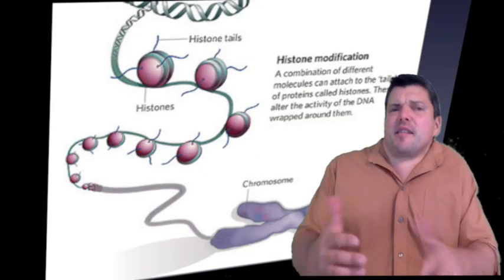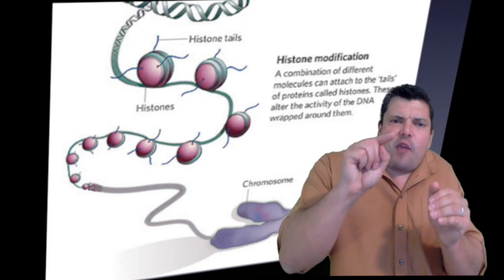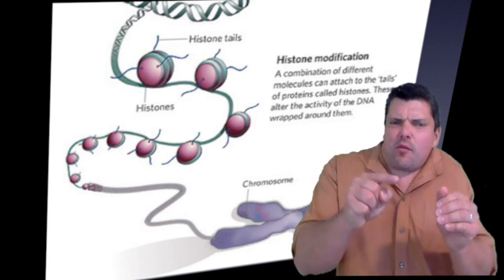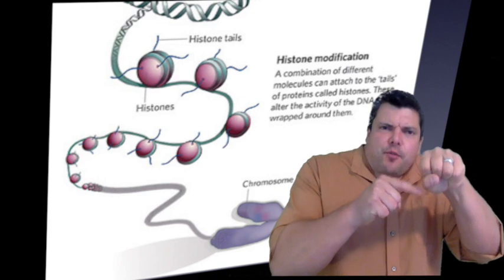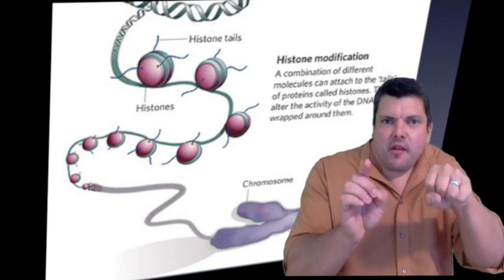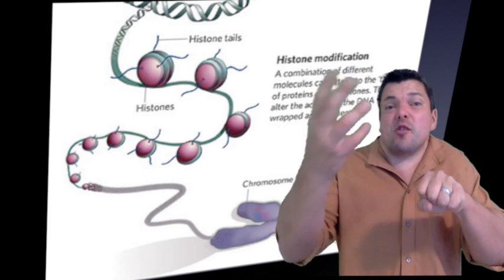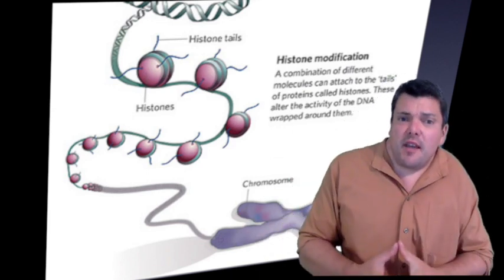The other mechanism illustrated in this picture is taking DNA and wrapping it tightly around the histone proteins. The tighter that DNA is wrapped around those histone proteins, the less accessible the DNA is for transcription. If DNA can't be transcribed, no protein is made.